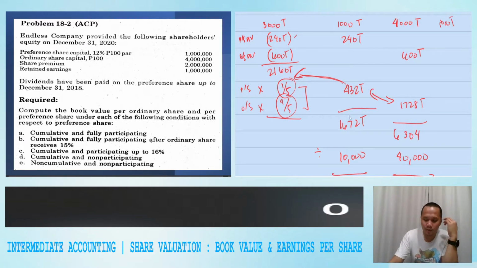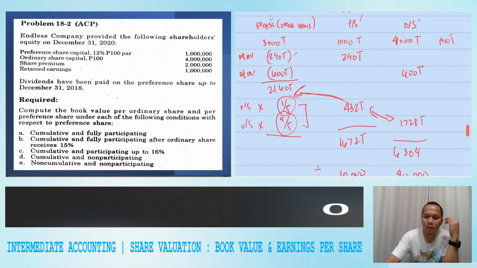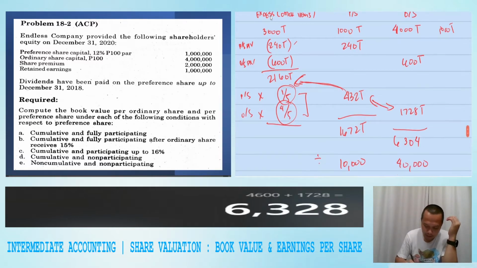When it comes to ordinary share, we have 4 million par plus 600,000 plus the participation of 1,728, we have 6,328,000.